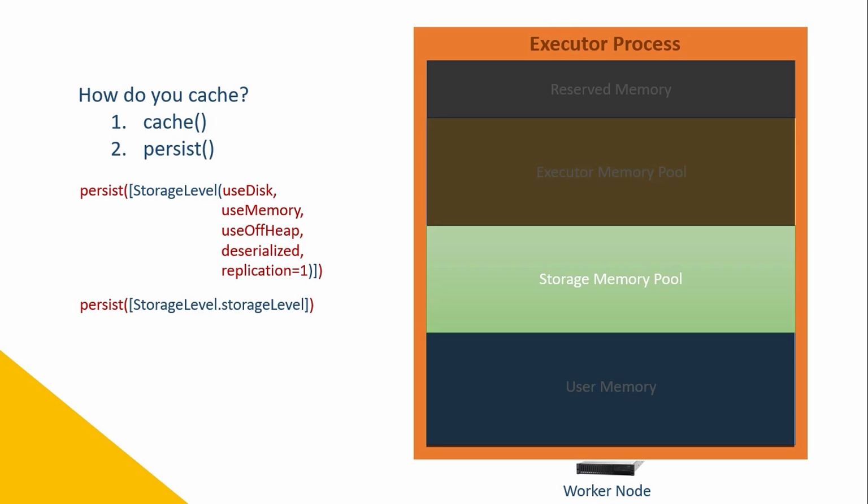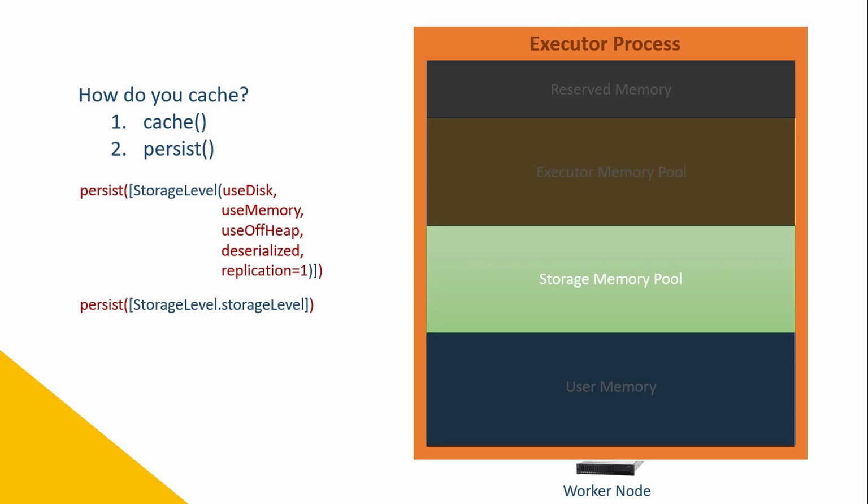The cache method does not take any argument and it will cache your data frame using the default memory and disk storage level. However, the persist method is more flexible. The persist method will also cache the data frame, but it allows you to configure the storage level. Make sense? Great. But what is the storage level?